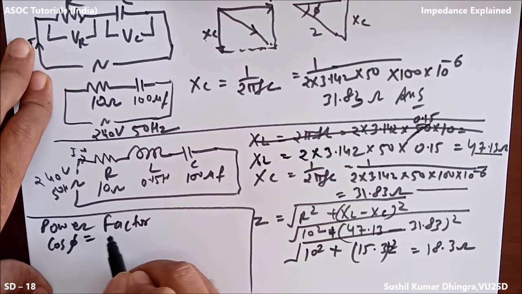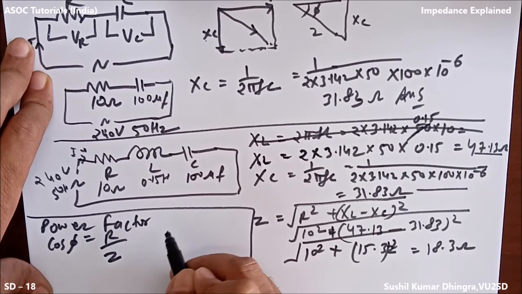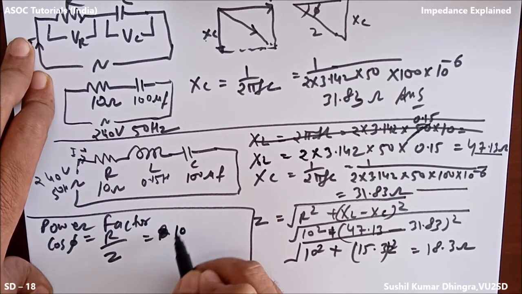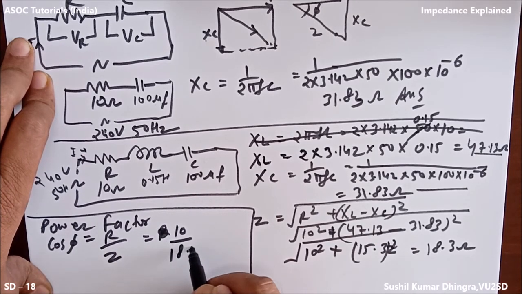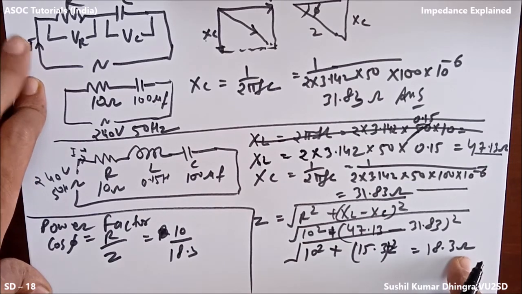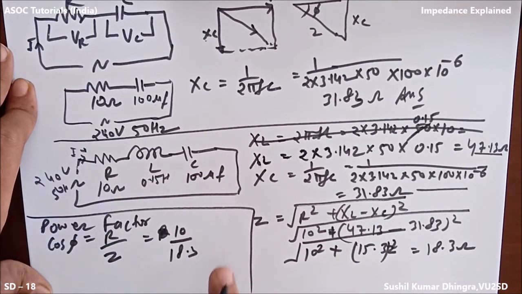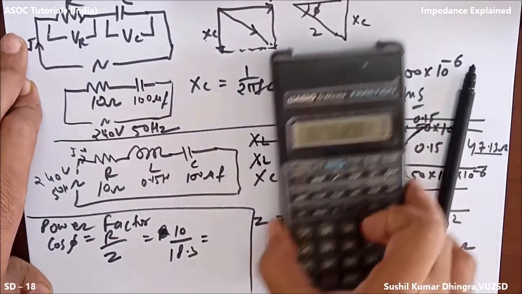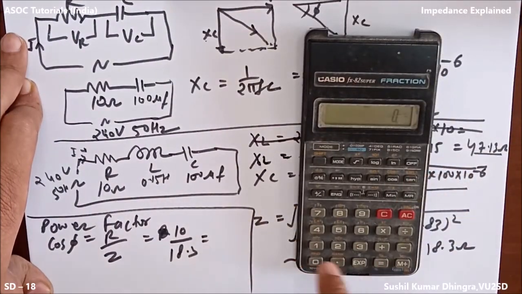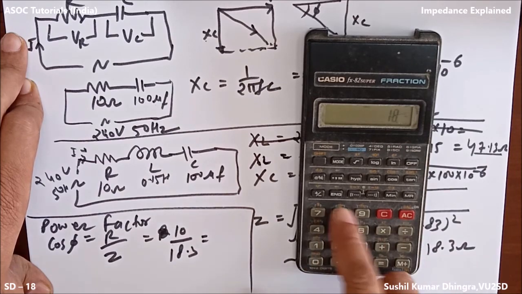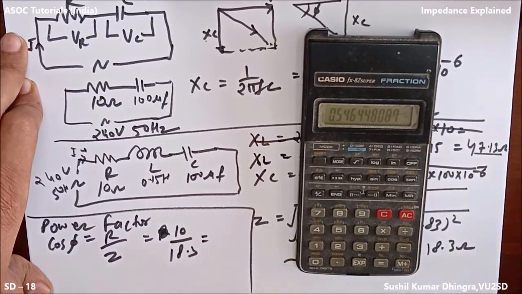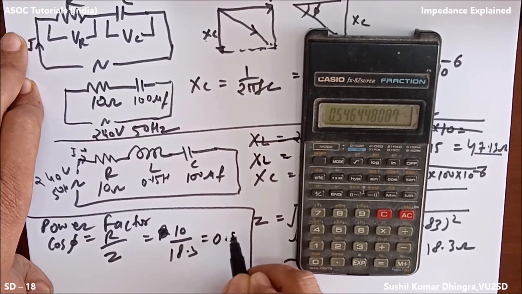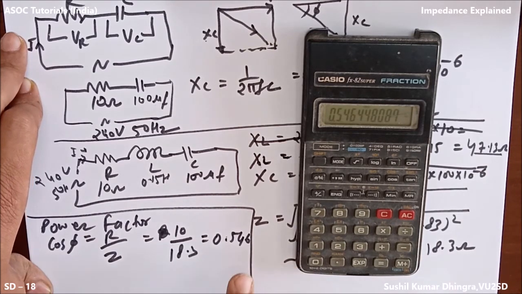Cos phi is equal to R by Z. R value is 10 and Z is 18.3. This is equal to 0.546.